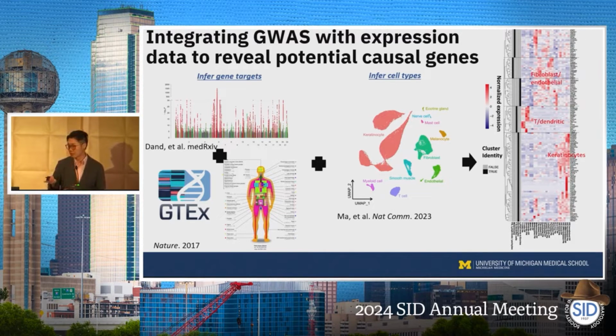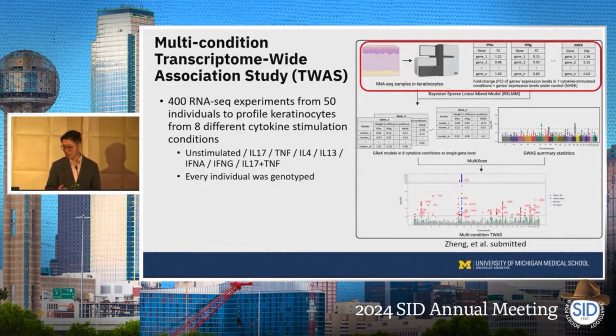You can see that besides T cells and dendritic cells, many of those GWAS hits also have good expression in keratinocytes. So our research mainly focuses on the regulatory roles of GWAS signals in keratinocytes. We implemented a transcriptome-wide association study using our in-house data sets.